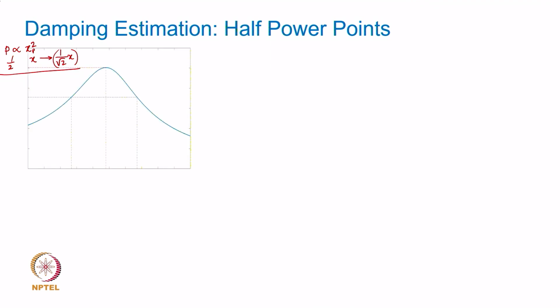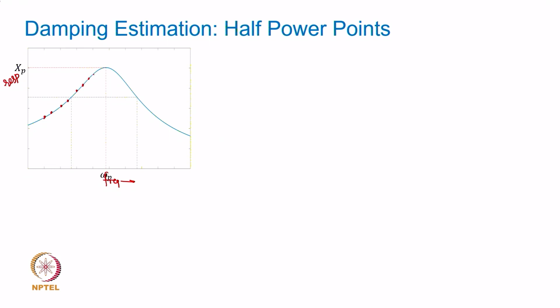So, what we do is we plot this kind of response versus frequency, as we have seen in the previous slide. I can keep on changing the excitation frequency and keep on noting down the amplitude at each of those frequencies, and somehow generate this response variation.